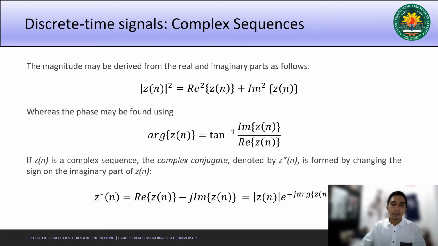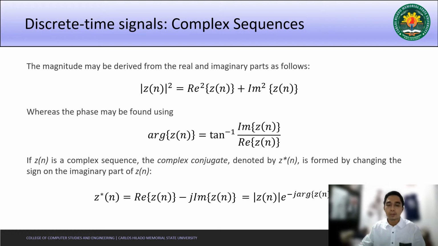How do we implement complex sequences? It is from the derivation of real and imaginary parts. We use the Pythagorean theorem, and in this case we can generate this value. So you have the magnitude of z and the inverse tangent of imaginary over real.